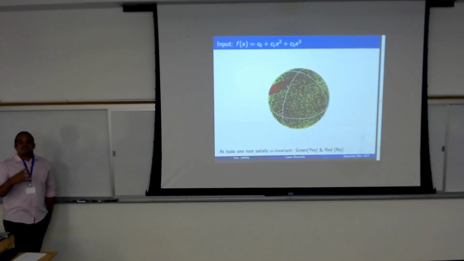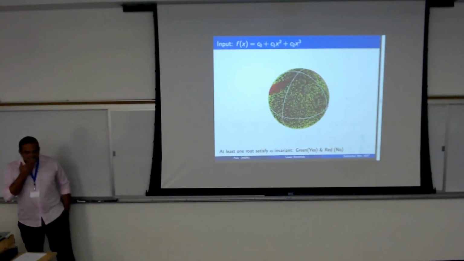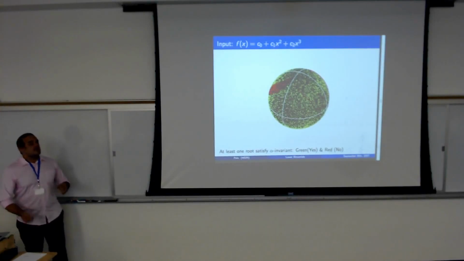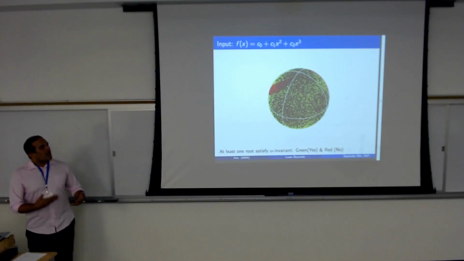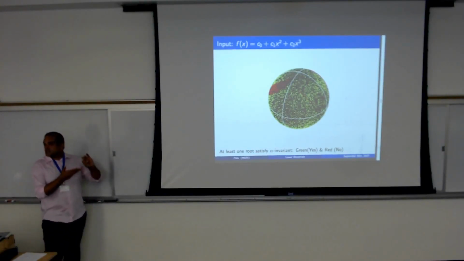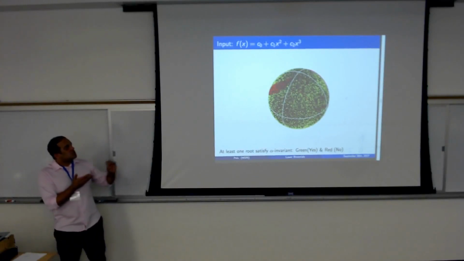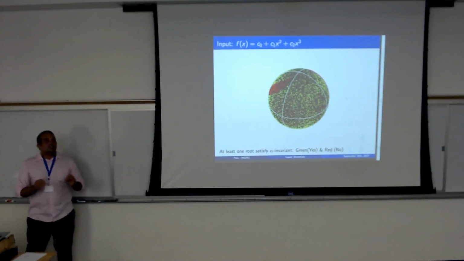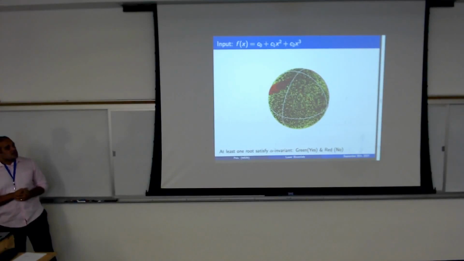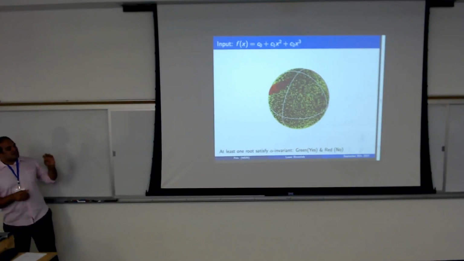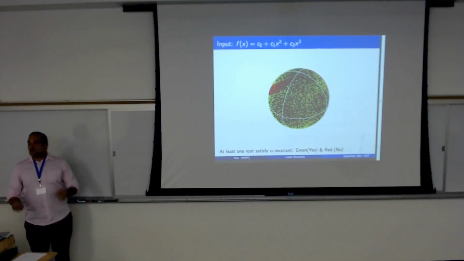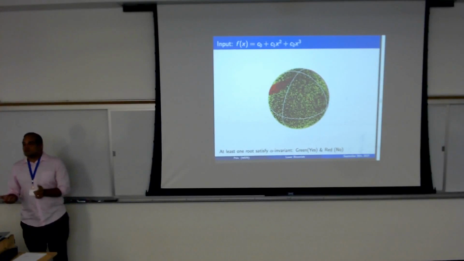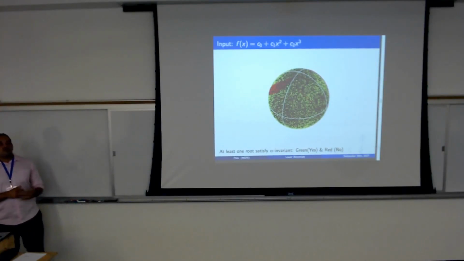And we start plotting on the sphere. What does this mean? Well, this means the following. We fix exponents a1 and a2, and we start generating random coefficients. In this way, we start having points on the sphere once we normalize all these coefficients. In this way, we can associate each point on the sphere to a specific polynomial. In this case, green is good and red is bad, in the sense that a green polynomial is one for which at least one root of its lower binomials is going to be a good approximation to the roots of f.